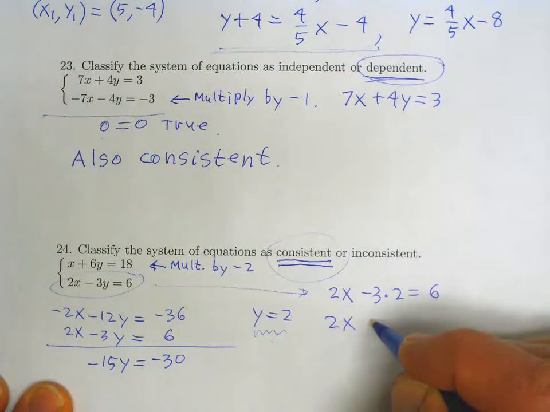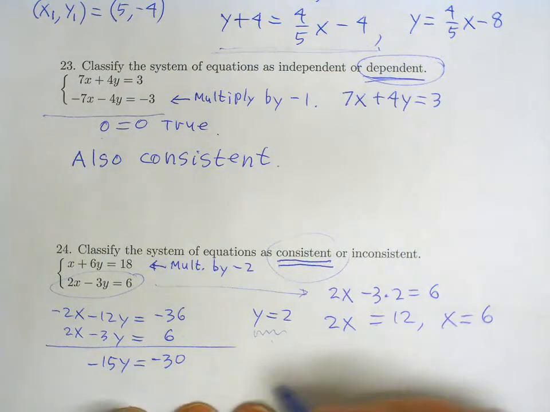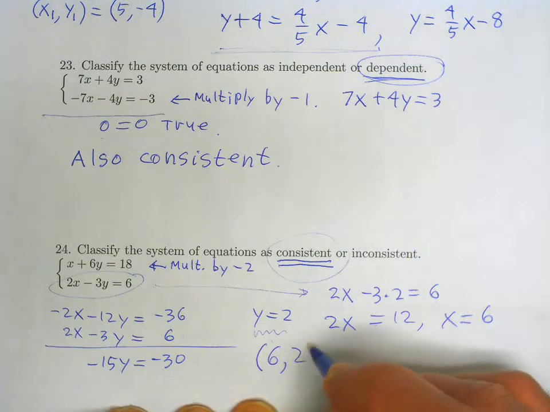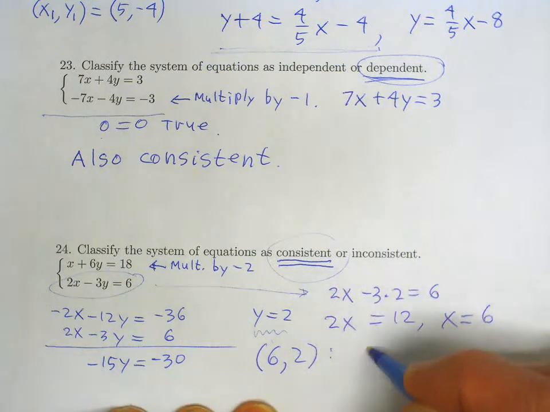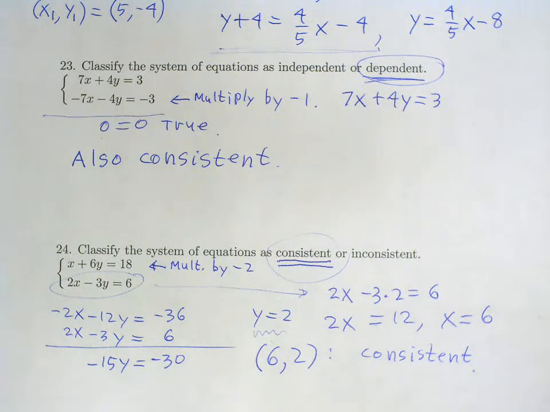So 2x, add 6 to both sides, 2x equals 12, and so x equals 6. So the solution is the ordered pair 6, 2. So the system is consistent. Okay, moving on.